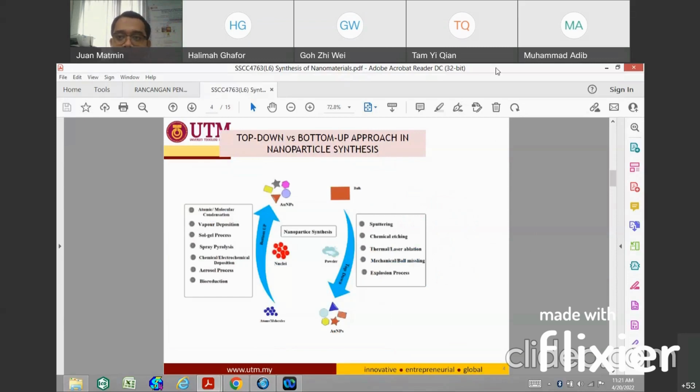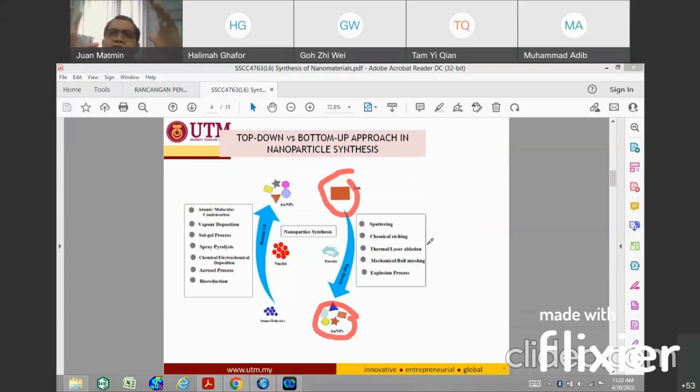Okay, this is in terms of the common technique or method as an example, ya. Untuk cara awak top down approach daripada bulk pergi ke particles, usually use an excessive energy. Macam kita bagi energy yang berlebihan sebab benda tu besar kan.